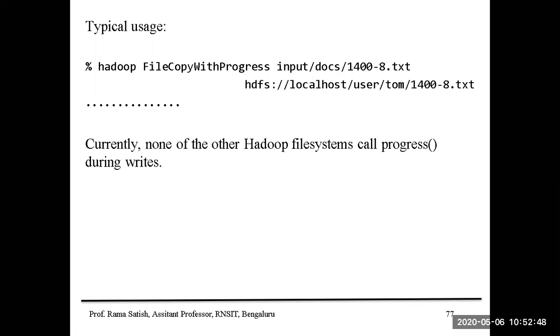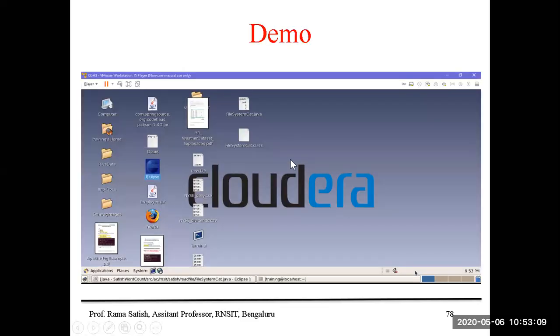What happens? 4 KB, 4 KB, 4 KB, so many times it is copying. It keeps on moving the dots with the progress. It moves just like this during the writes. The same thing I will be demonstrating in my Hadoop system.